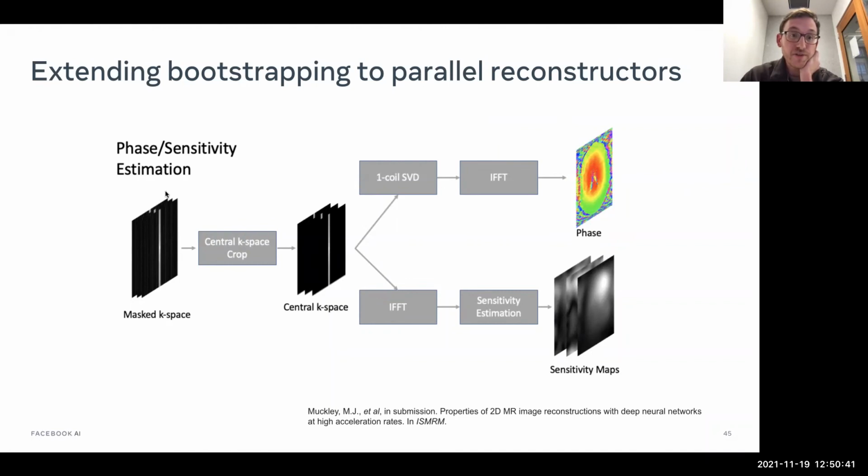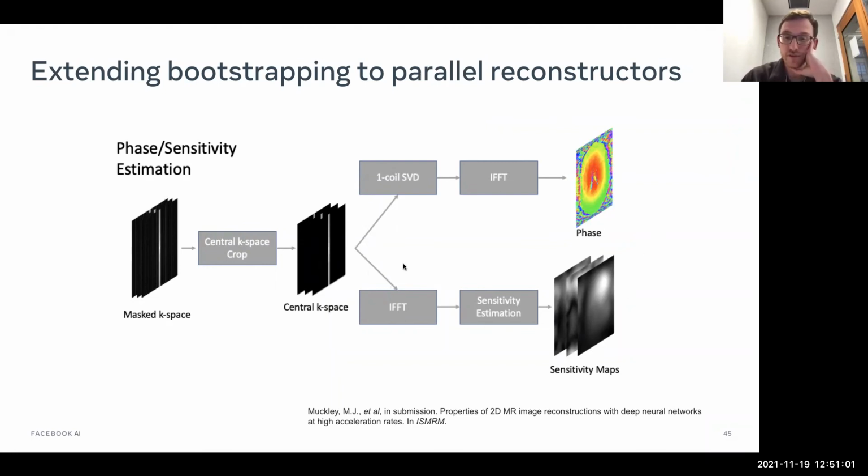So what we do is we take our masked K-space and just take the center part of it. For phase, we collapse all the multiple coils down to one coil with an SVD, and then use that to estimate phase. For estimating sensitivity maps, we do something standard in the auto-calibrating sensitivity literature, where you just do an IFFT and then do sensitivity estimation.